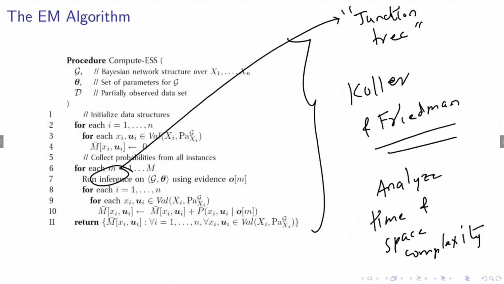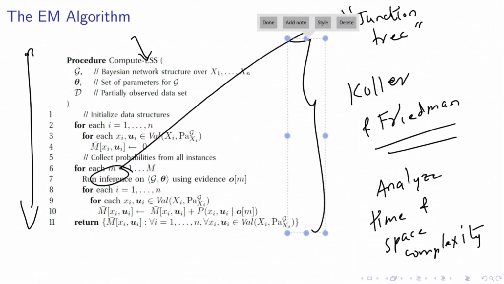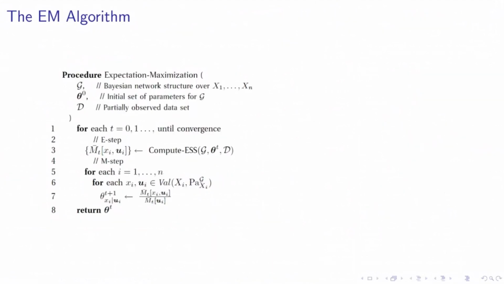The EM algorithm is given in essentially two sub-algorithms. The first one is computing ESS, the expected sufficient statistics, and the second is the actual iterative expectation maximization algorithm.